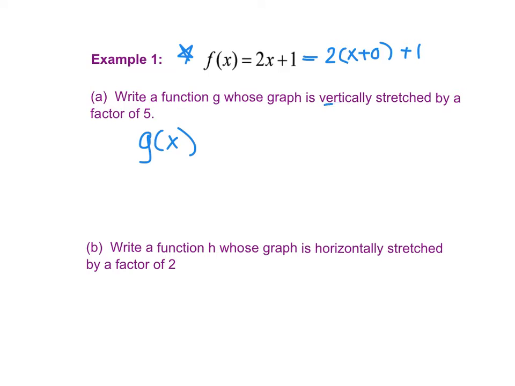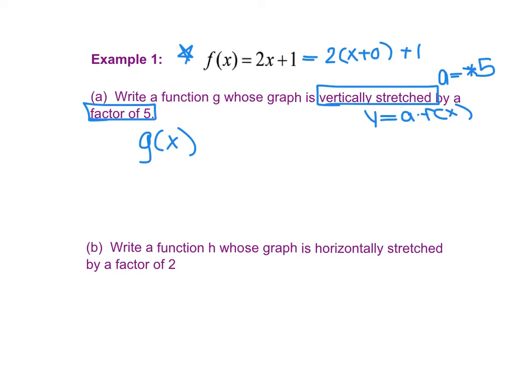Now, we are vertically stretching by a factor of 5. So remember, this means that our a value, we're doing a multiplication of 5. We're going to take every point on that graph, and we're going to make it 5 times taller. And remember from our instructions, we saw that this is calculated by taking y equals a times the entire function.